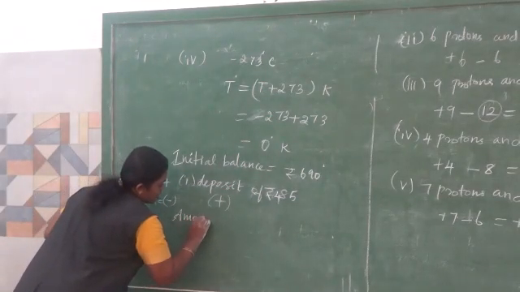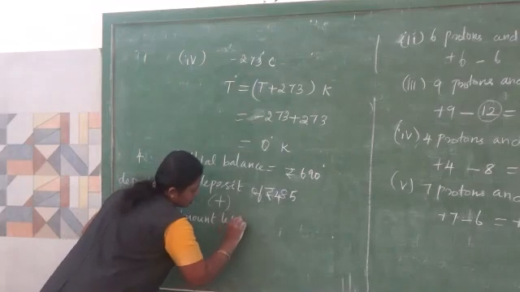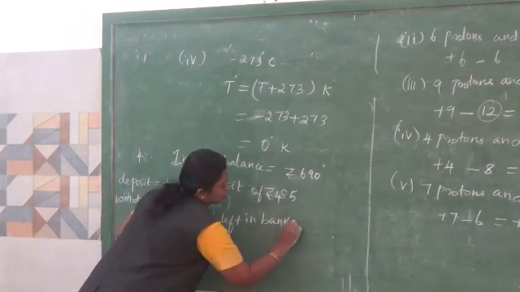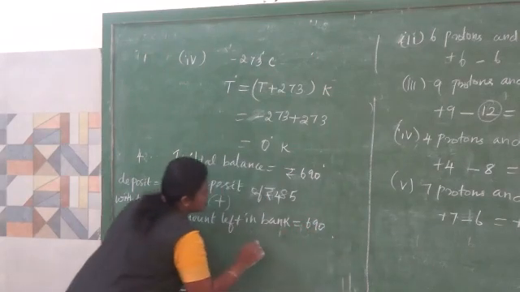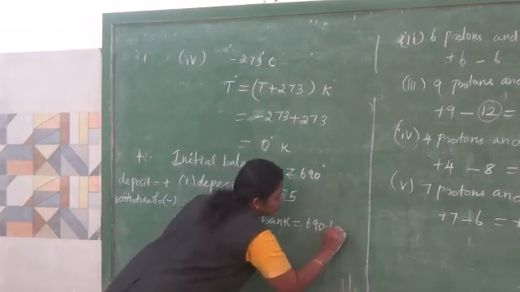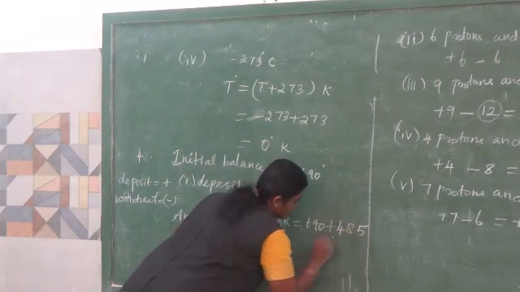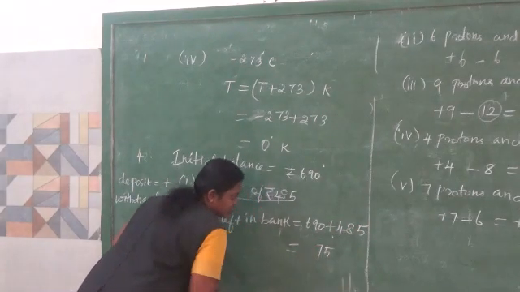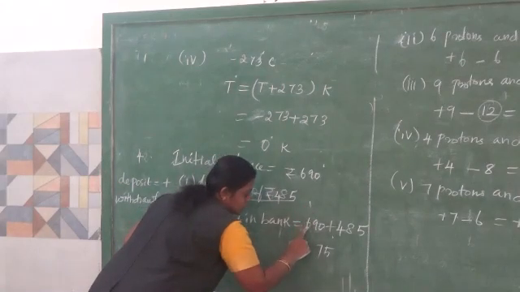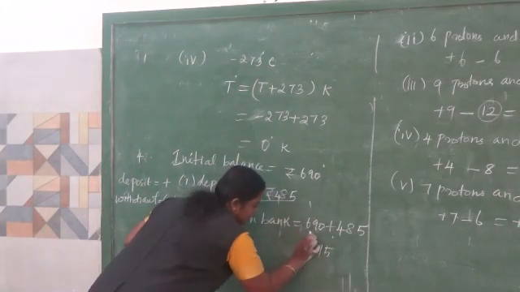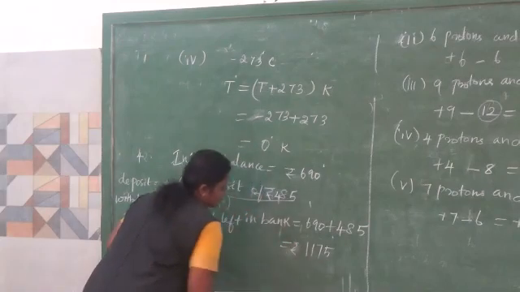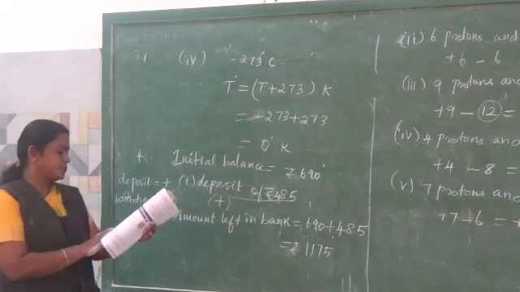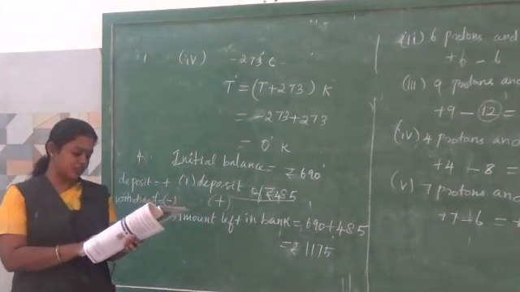First one, amount left in bank equal to 690. Now he is depositing the amount, so plus 485. If you are adding, 5, 9 plus 8, 17, then 1 plus 6, 7, 7 plus 4, 11. 1175. 5 options are given to you.